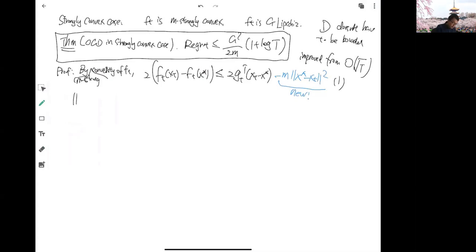Now in the second step, let's follow the same steps by bounding the distance of your current iterate to your reference point x star. This is again the projection of xt minus eta t gt, by the definition of the algorithm. And by the non-expansiveness of the projection operator, we have xt minus eta t gt minus x star.